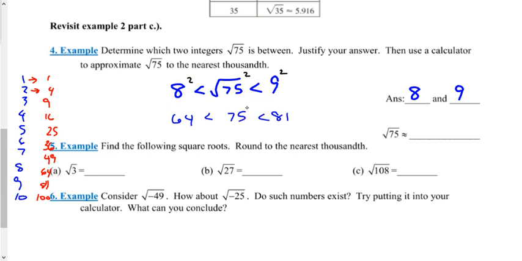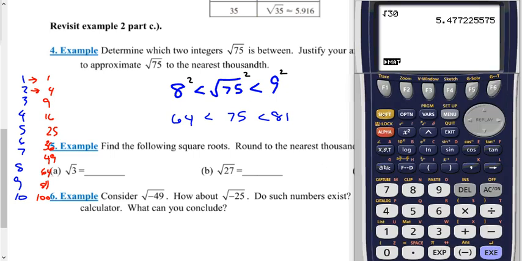And that's true. 75 is between 64 and 81. Therefore, if we take the square root of all of them, we get 8 is less than radical 75 is less than 9. Now, if you put radical 75 into your calculator, we're going to get a decimal.